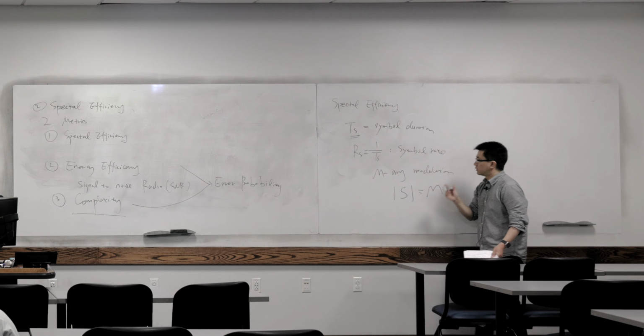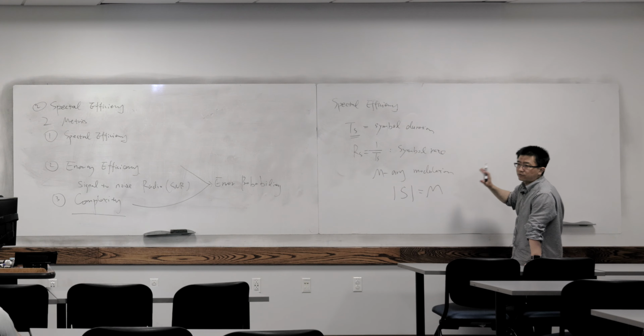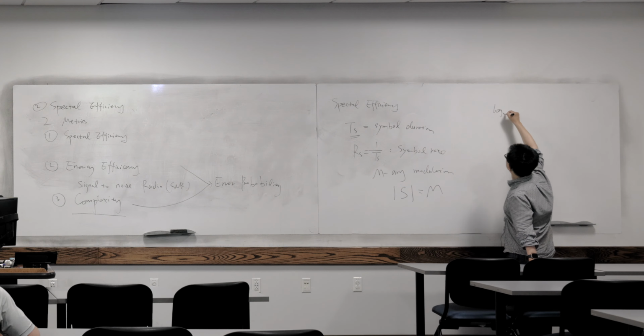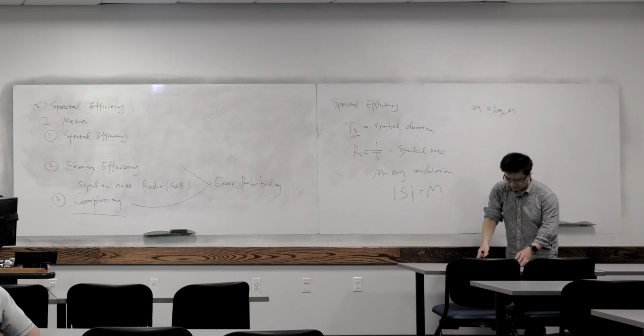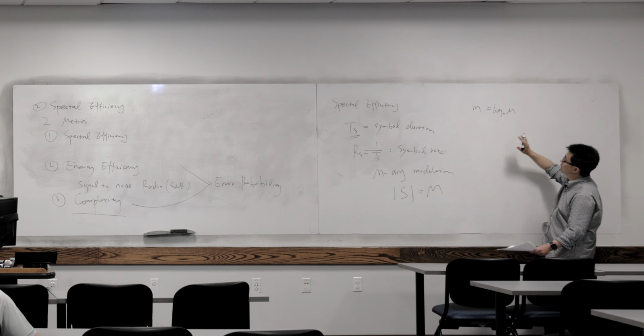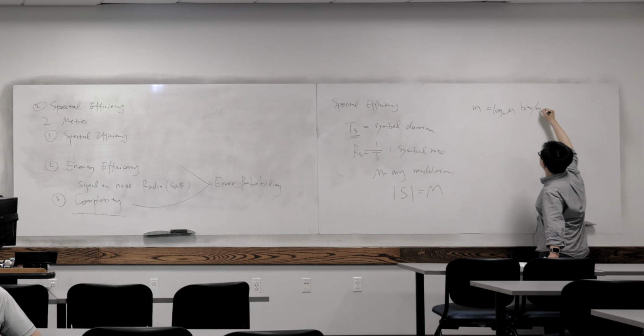Now, as we mentioned in our last class, every symbol or every waveform can represent log M bits, which we denote as small m. So basically, we can transmit m bits per symbol.